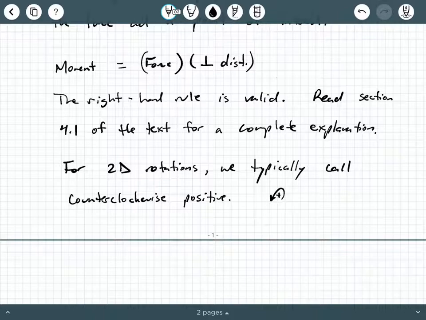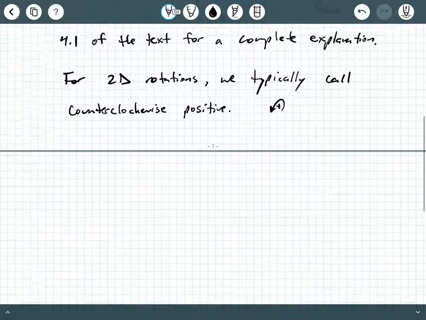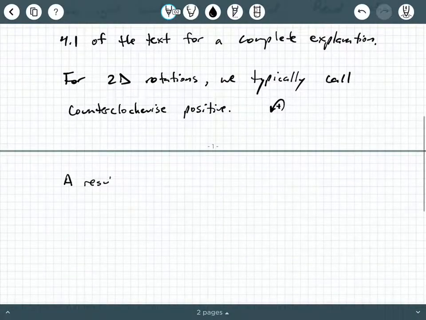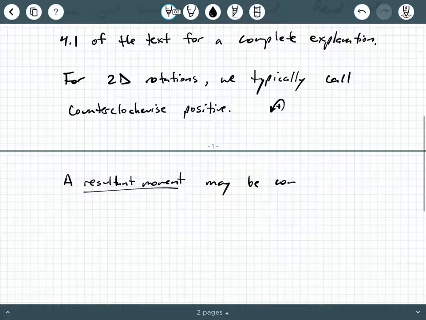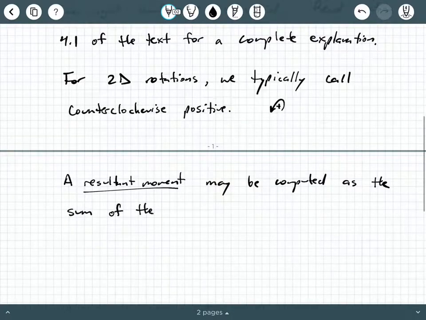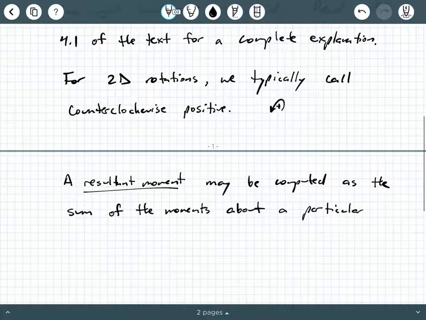pretty nicely our knowledge from trigonometry and the unit circle. In addition, a resultant moment may be computed as the sum of the moments about a particular point.